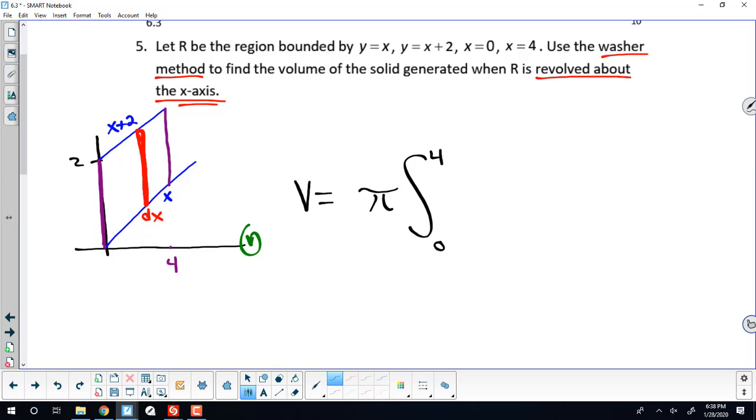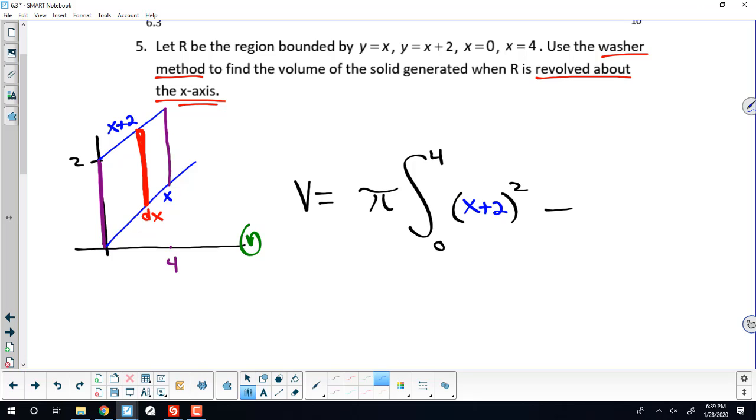So our outer radius squared, we have to subtract off the inner radius squared, which is just x. Inner radius is x. I think it's more conducive to think about it as x minus 0.